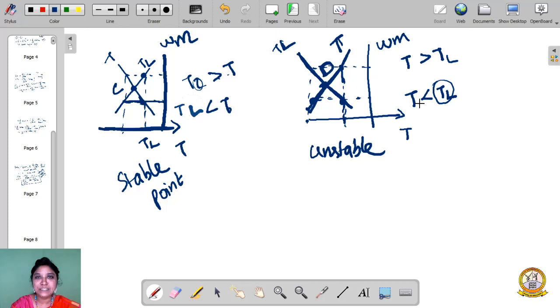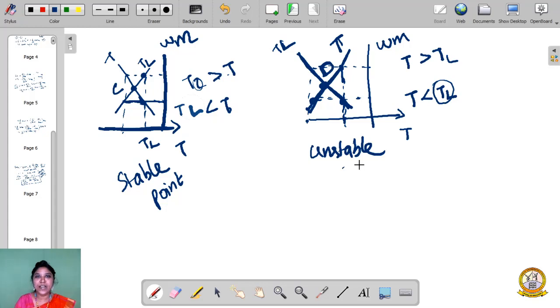So the speed gets decreased, and it still decreases and moves away from the equilibrium point. It does not attain the equilibrium point. So this case is unstable. In this lecture we have understood the steady state stability of electric drives.